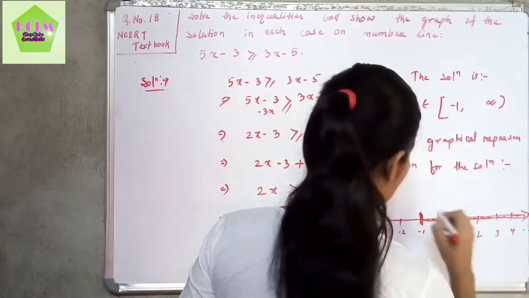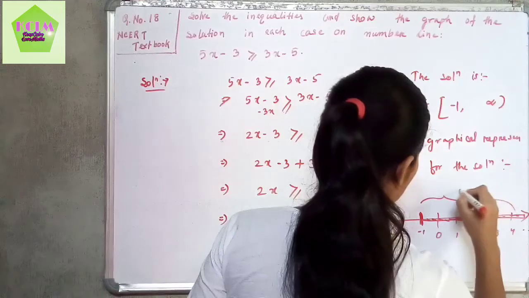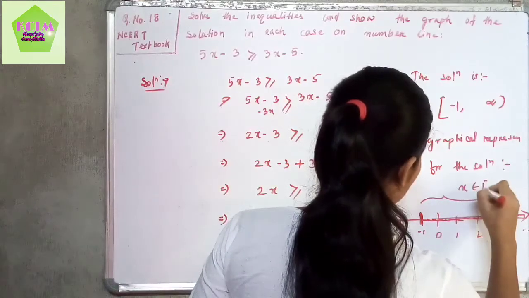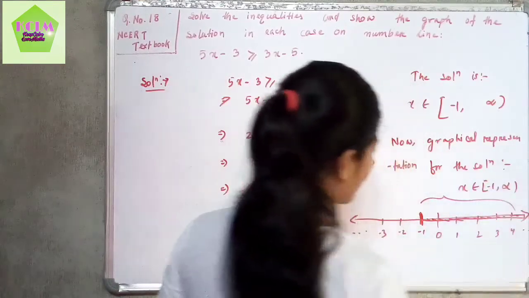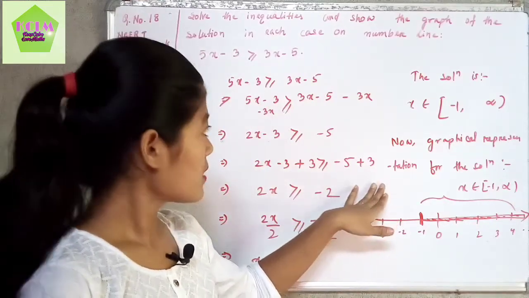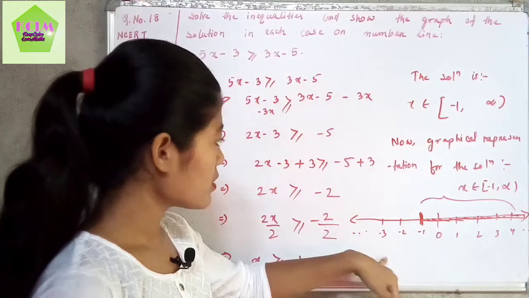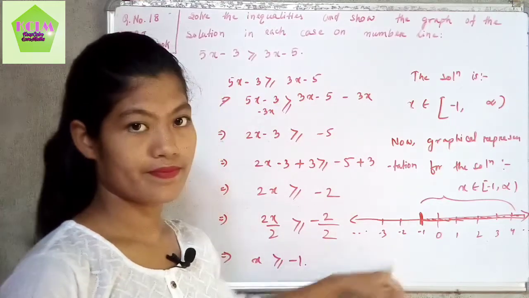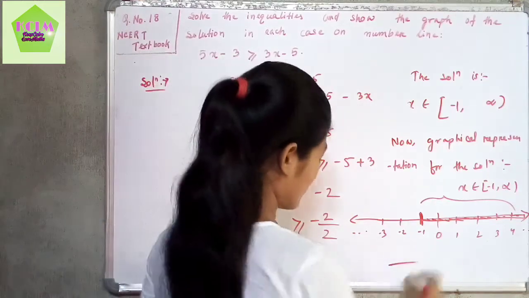So this is the solution. Right? So the graphical representation for this solution will be on the number line as this.